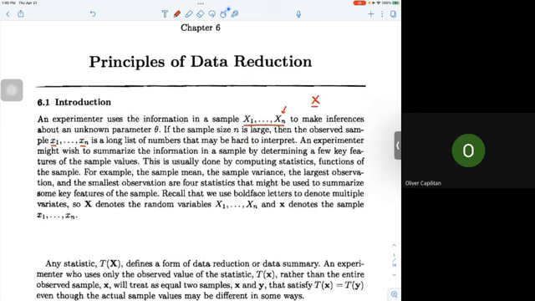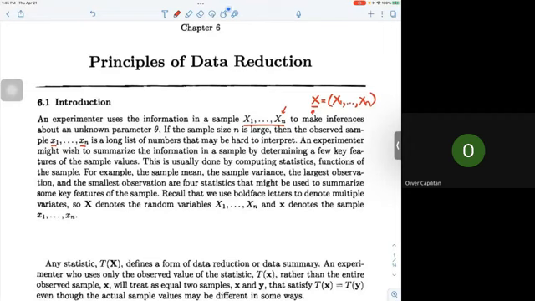It has an underline, which means it is a bold x. So in other words, it's a vector of random variables, having the random variables X sub 1 up to X sub n. So this is how we can express our sample. We have a bold x for our vector, and we do not have a bold letter for a random variable.